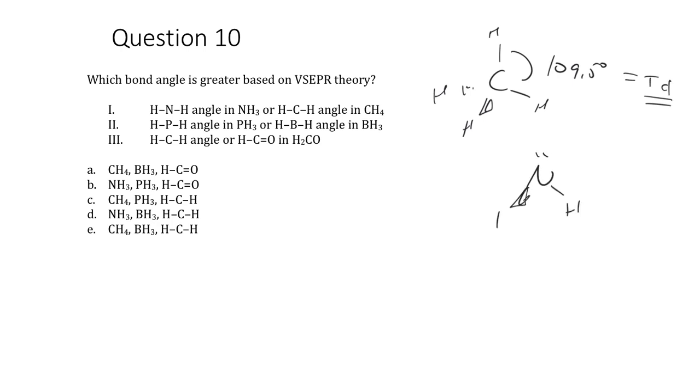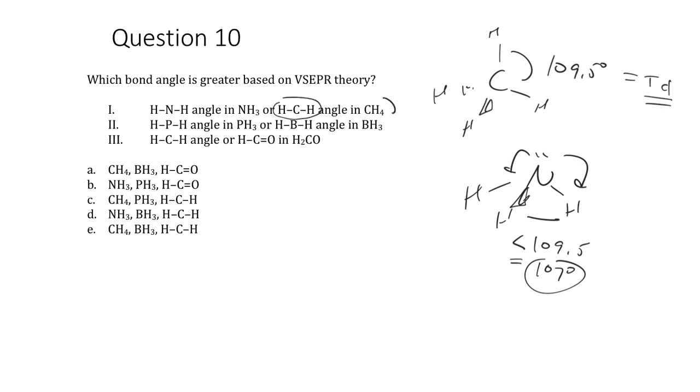What happens in ammonia is that we get greater lone pair repulsions that are going to press this bond angle here, which should have been about 109.5 degrees in a tetrahedral arrangement, and make it a little bit less than 109.5. It's truly about 107 degrees, so it's a couple degrees off, but it's off on the low side. And so what angle is greater? The angle in CH4 is greater due to not having this issue of lone pair repulsions like ammonia has.